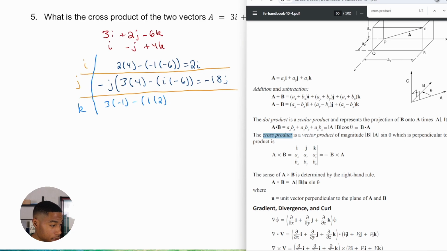And so for that, I get negative 5k. All right, so what is the cross product? We take all of these and place them together. So the cross product is going to be 2i minus 18j minus 5k. All right, you have to get all the components, put them together, and you are good to go.